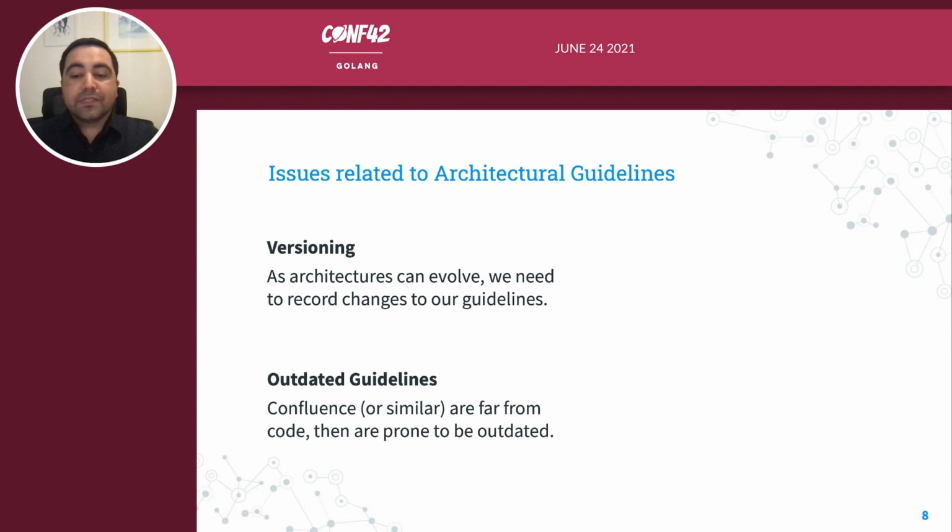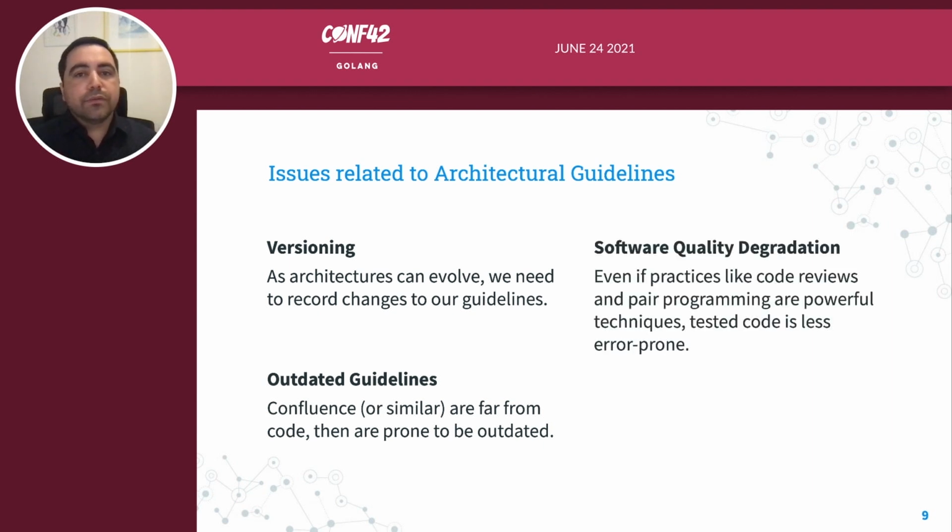So there is a risk that the developers forget to update the document in Confluence. And after a couple of months, we will end up with architectural guidelines that do not represent what we are applying in the code base.